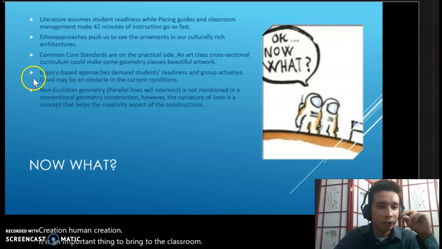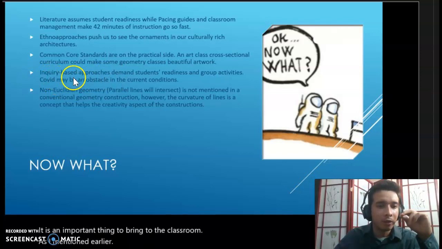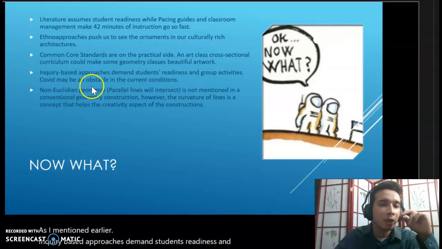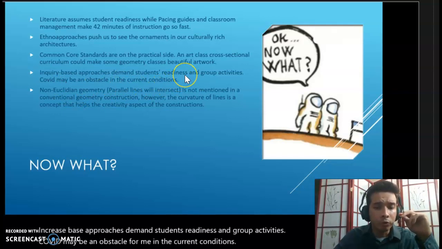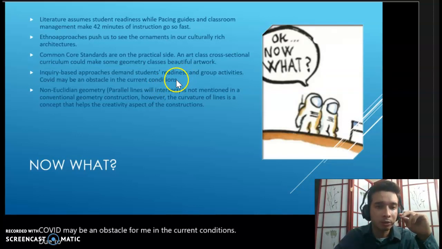As I mentioned earlier, inquiry-based approaches demand students' readiness and group activities. COVID may be an obstacle for me in the current conditions due to the mask wearing and the social distance set up in my classroom.